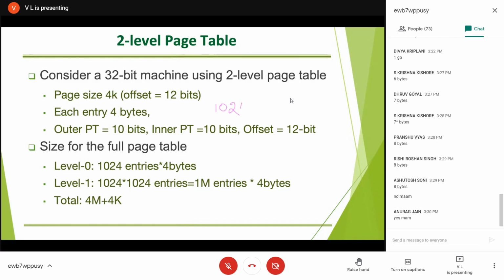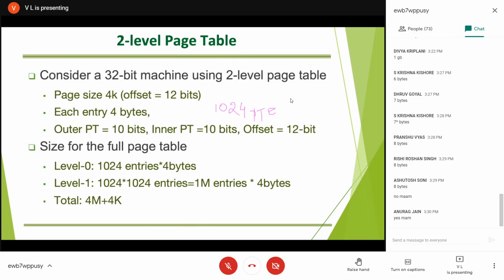So 1024 page table entries you can store in one page. And we said the second level page table should fit into one page. So each page table can have only 1024 entries, and 1024 entries means it can point to only 2 raised to power 10 physical pages. So the inner page table will be allocated 10 bits, 10 bits for inner page table, offset 12 bits.